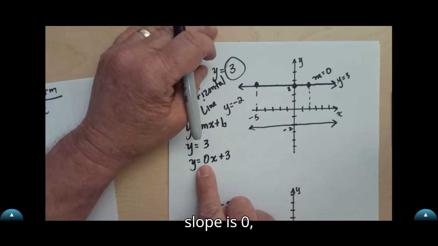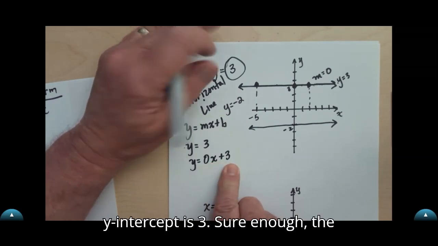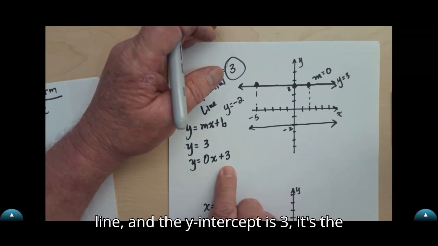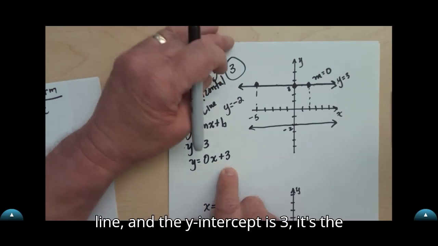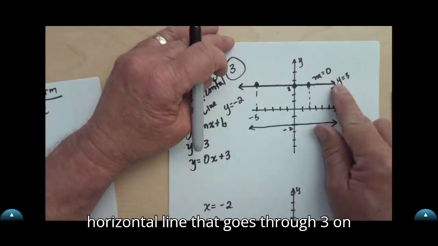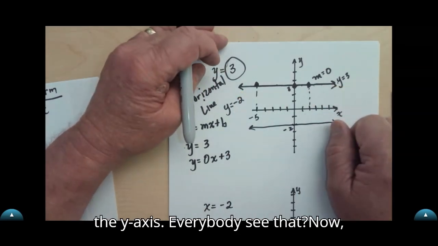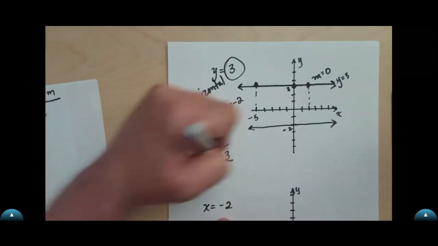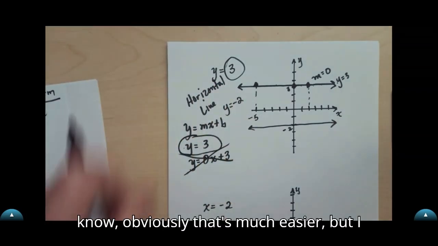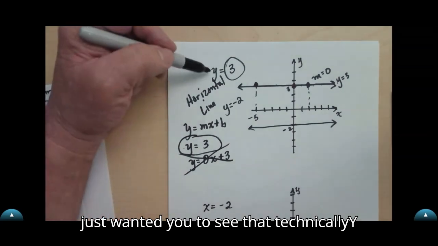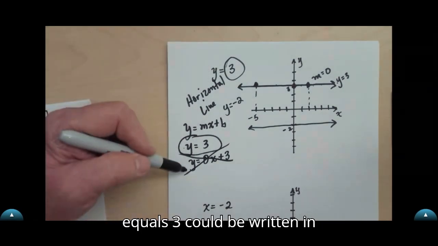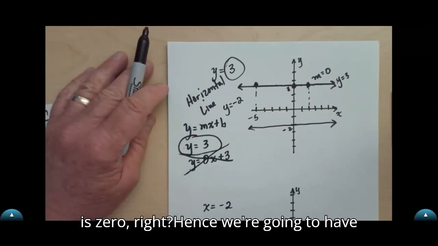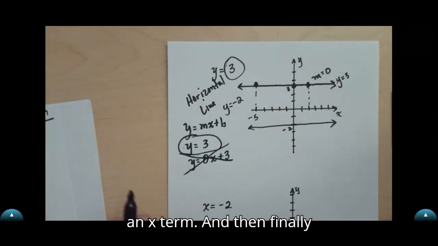Slope is 0. Y-intercept is 3. Sure enough, the slope is 0. It's got to be a horizontal line. And the y-intercept is 3. It's the horizontal line that goes through 3 on the y-axis. Everybody see that? Now, I wouldn't write it this way, y'all. Obviously that's much easier. But I just wanted you to see that technically y equals 3 could be written in slope-intercept form. It's just the slope is 0, hence we don't have an x term.